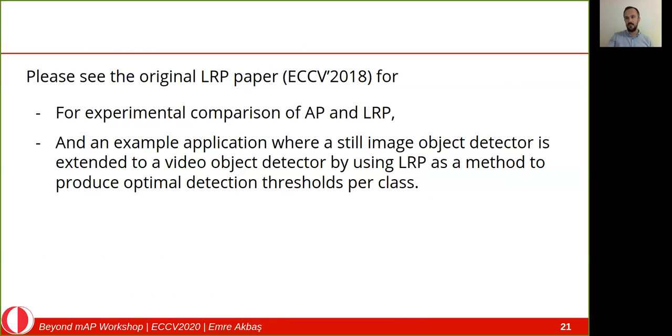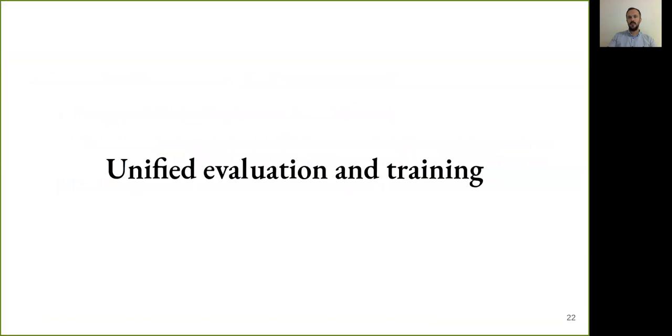It's an interesting example, and we show that LRP is very effective here. Due to time constraints, I cannot give these extra results here. So this concludes the first part of my talk where we discuss AP and LRP.